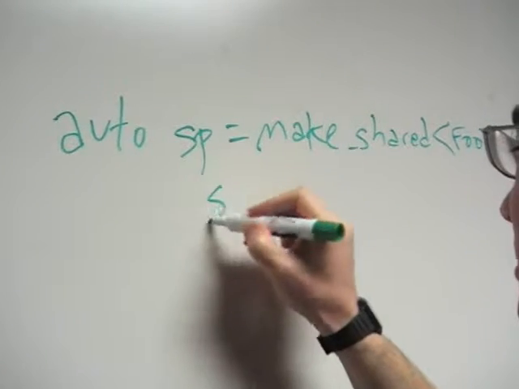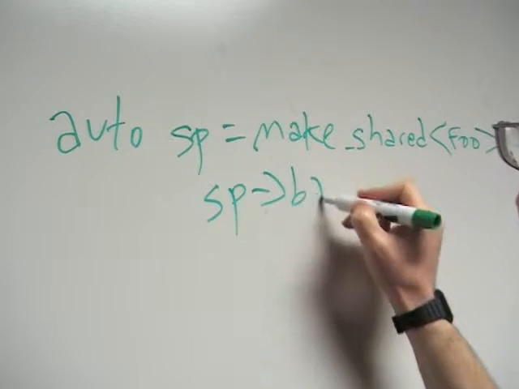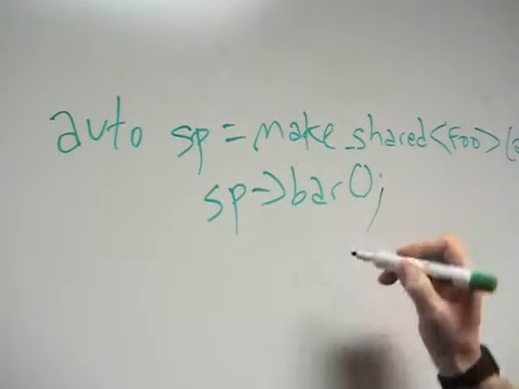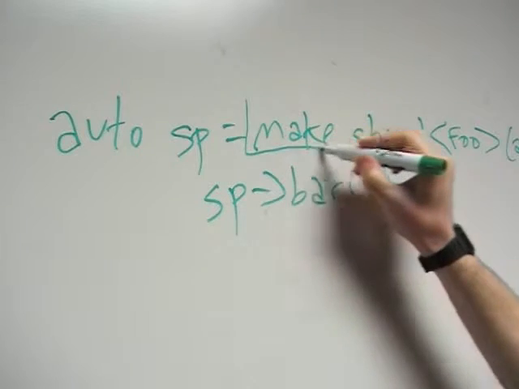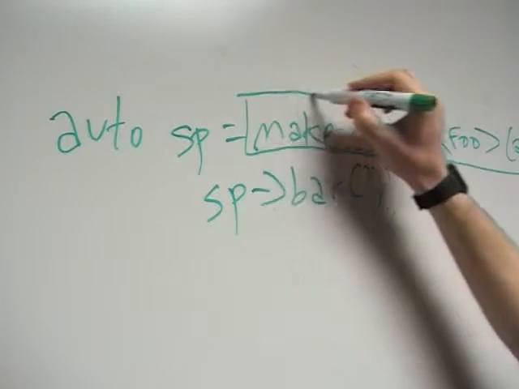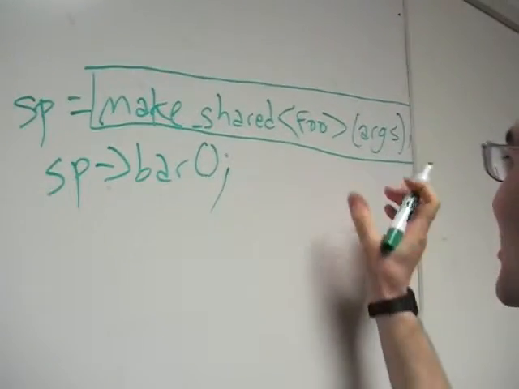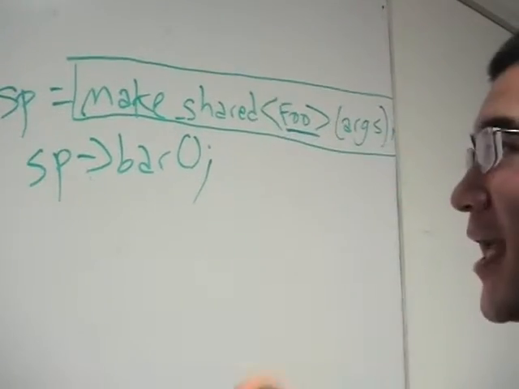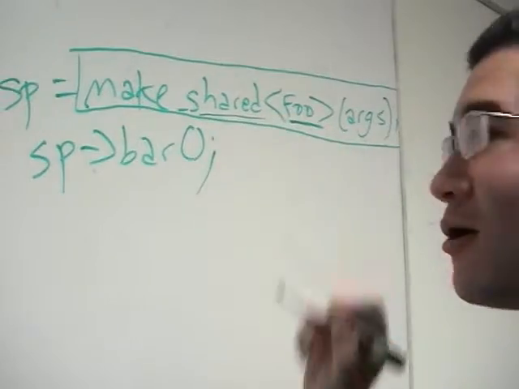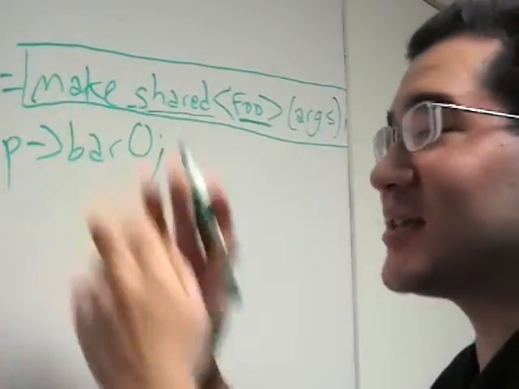And then you can go use sp and say sp->bar() just like you did before. So what this function make_shared does is it does two things, two in one. It both constructs a Foo and a shared pointer that owns it. And then we get this as sp.